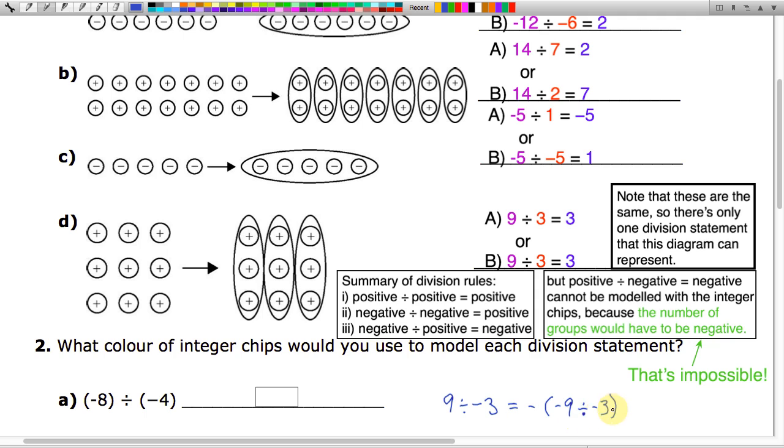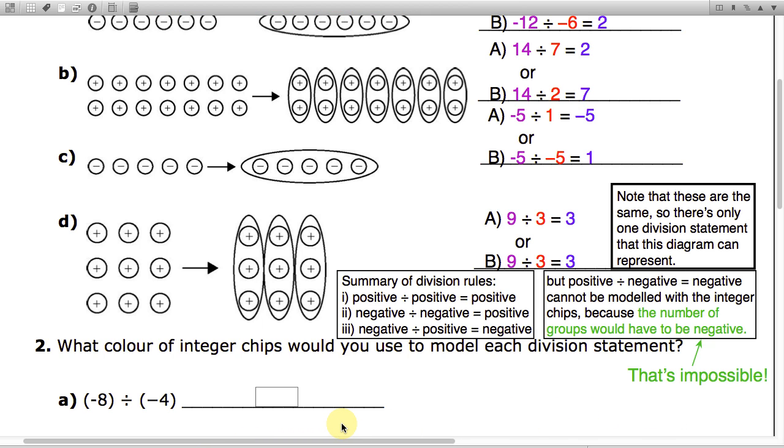And we can do that one, right? -9 divided by -3 is 3, and the negative sign would just be left out in front. So, anyways, that was just sort of an extra example in there to show how you could work out that when you do a positive divided by a negative, you get a negative.